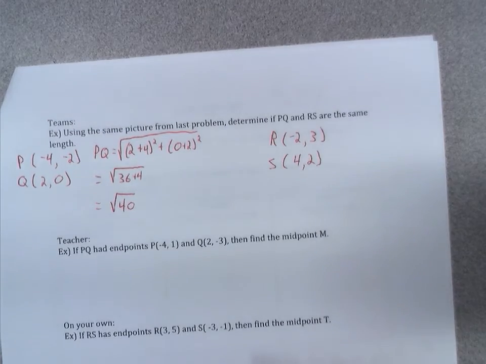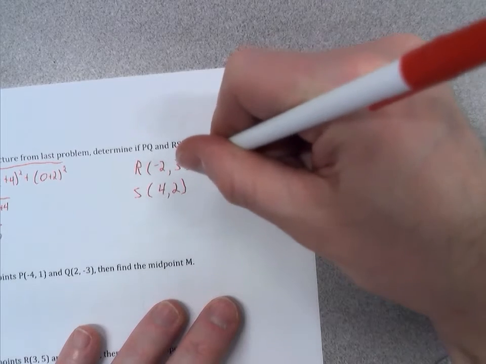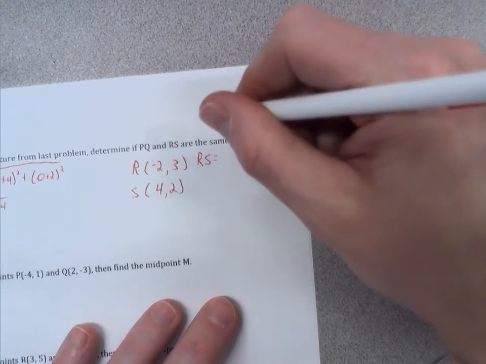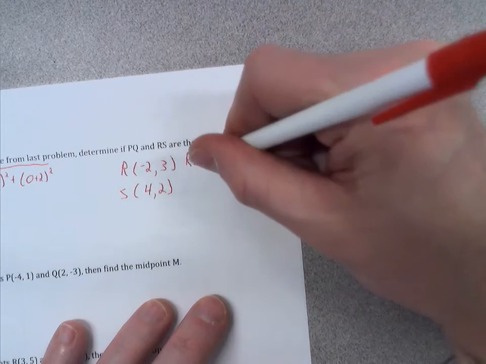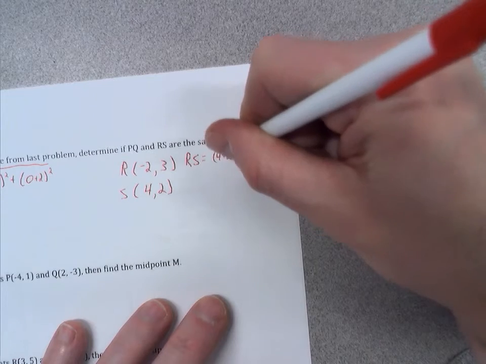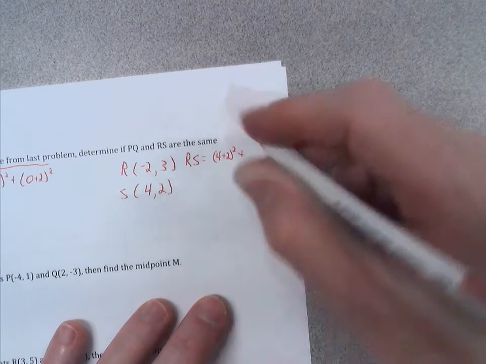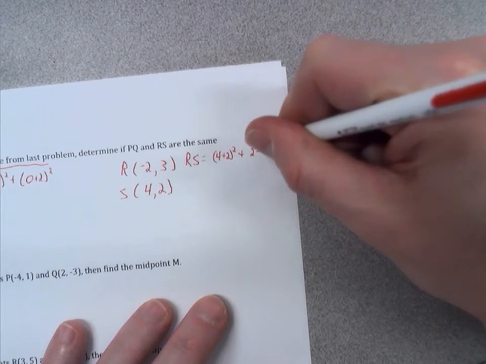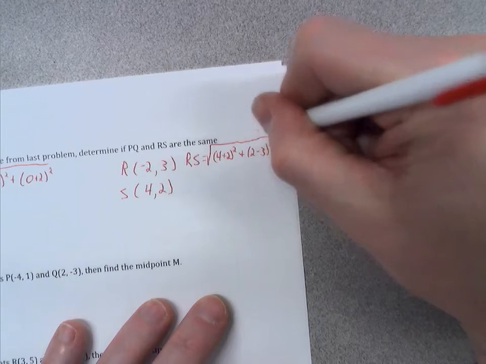Okay, and then we'll do the same thing over here for segment RS. We're going to have 4 minus -2, so 4 plus 2 squared plus 2 minus 3. That is going to be squared as well.